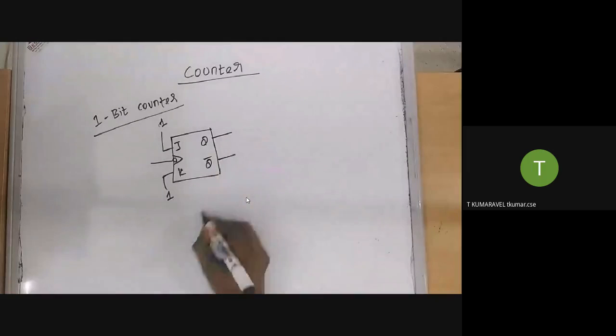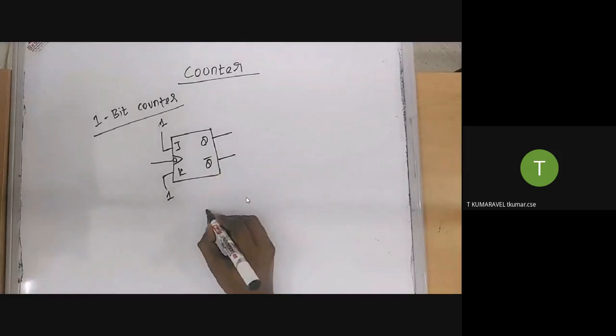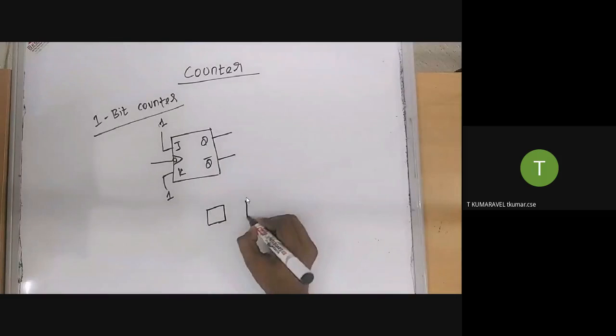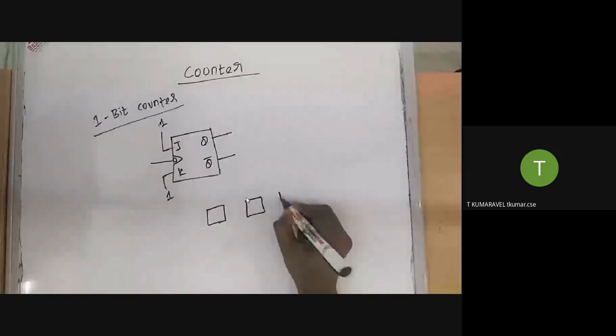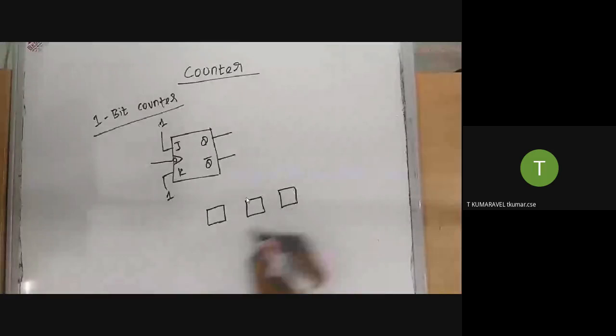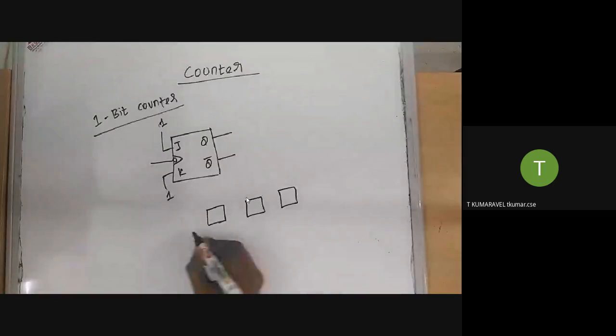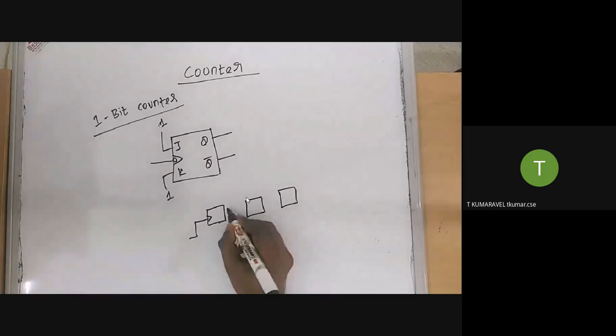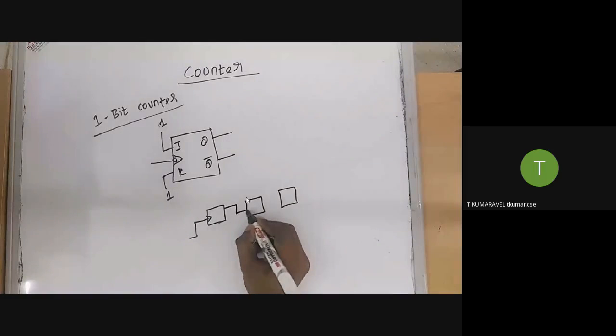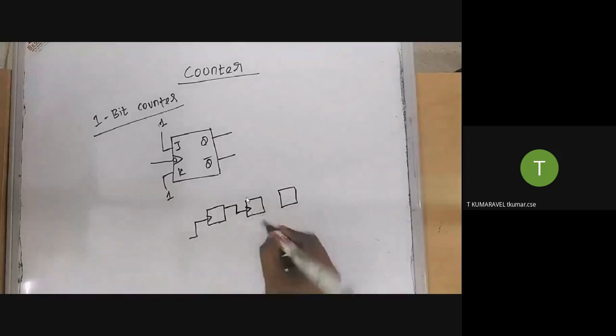Asynchronous in the sense, for example, a number of flip flops are available, and each flip flop is going to accept a different clock. For example, for the first flip flop I'm going to provide one clock. In the second flip flop, the output of the first flip flop is the input clock for the second flip flop.